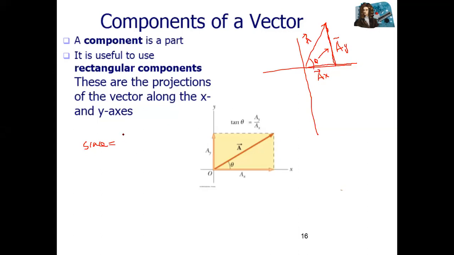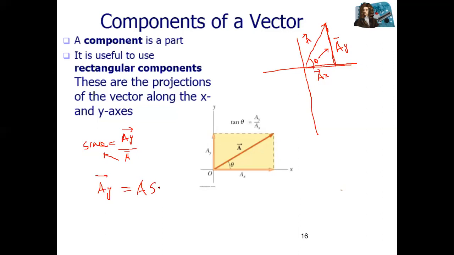So sine theta is equal to Ay divided by the vector A. If you multiply A with sine theta, we have only Ay, so Ay is equal to A sine theta.